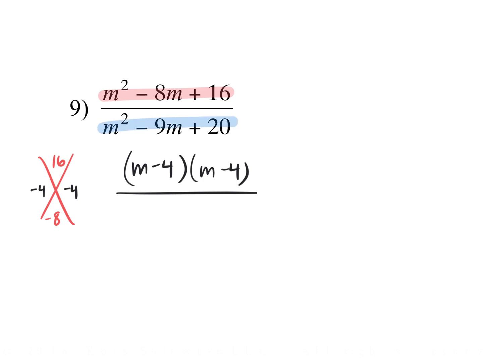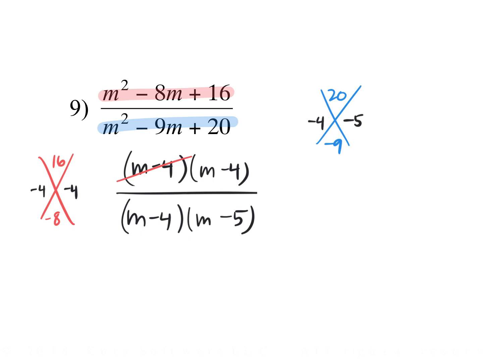So what multiplies to give me 20 and adds to give me negative 9? That would be a negative 4 and a negative 5. So m minus 4, m minus 5. And I can cancel out my m minus 4s. And I've got m minus 4 on top and m minus 5 on the bottom.